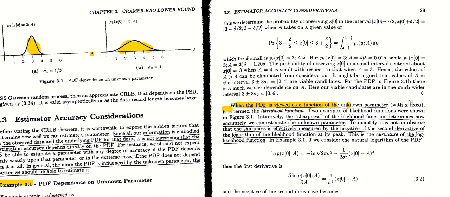For example, you take a measurement and it's 3, but next time you take a measurement, it could be 4 or any number. But after observation, x is fixed. Then we call it the likelihood function. Two examples of likelihood functions are shown in figure 3.1.